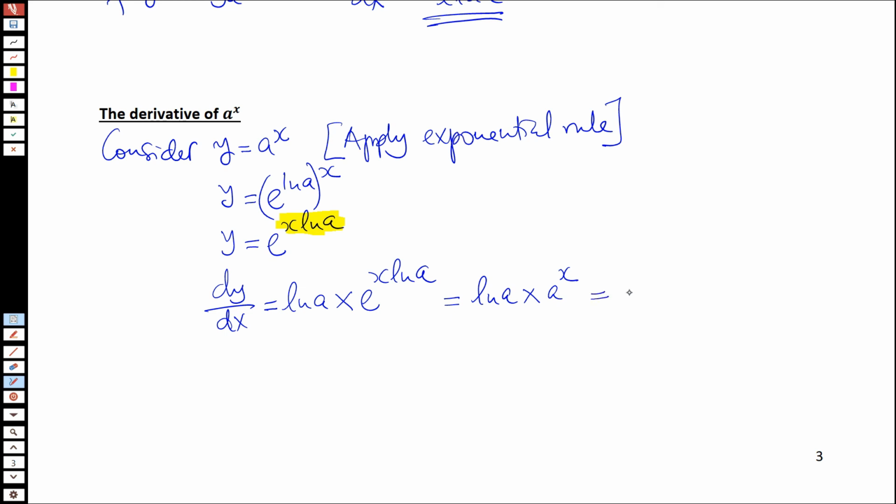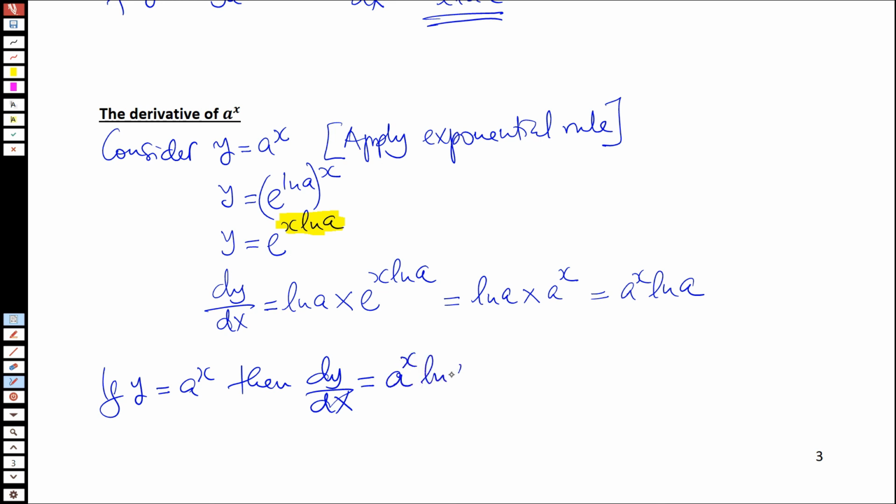So we can rewrite this as a to power x ln a. And we can generalize. So if y is equal to a to power x, then dy over dx will be equal to a to power x ln a. That's a true statement.